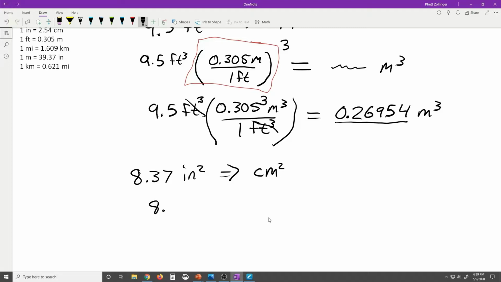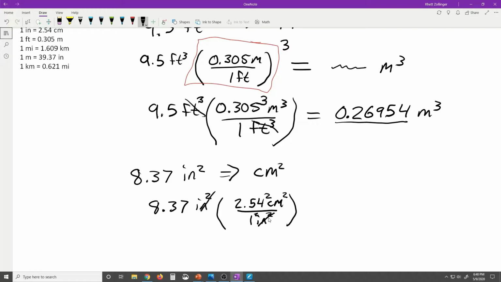So I'm going to go 8.37. I need a conversion factor between inches and centimeters, and it's showing up on the top left. So I need 2.54 centimeters, 1 inch. I got to remember to square that, which, remember, means that I'm really squaring that, and that. 1 squared is 1, so it doesn't really do much, but now I can have inches, oops, sorry, that was inches squared.